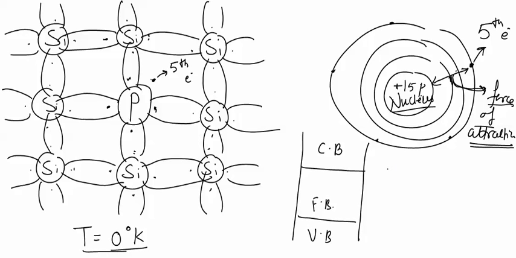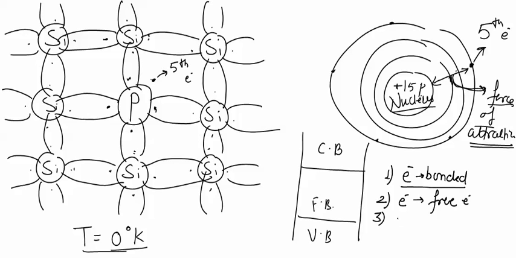In phosphorus, number 1, one type of electron is called bonded electron. Number 2, one type of electron can be called free electron, and there is another type of electron which belongs to the phosphorus atom. We can say this electron is not free.